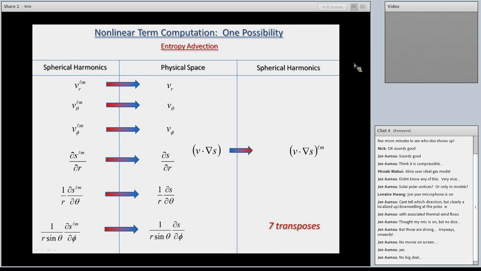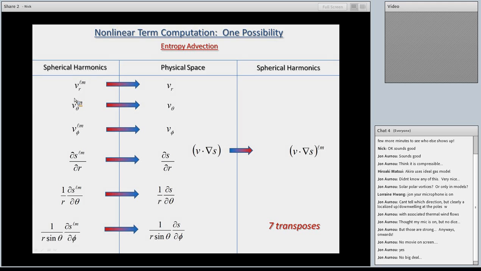You would probably have computed those in spectral space somewhere. And then if you want to move those to physical space, you might take a transpose for each field. So you would transform and transpose V_r, transform and transpose V_theta, and so on. Then you would build your nonlinear term, and then you would transpose it back to spectral space, so it forms the right-hand side for your entropy equation, or at least the nonlinear piece of that. So when you do this, you're actually calling 7 different transposes.